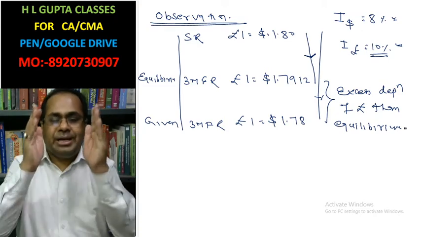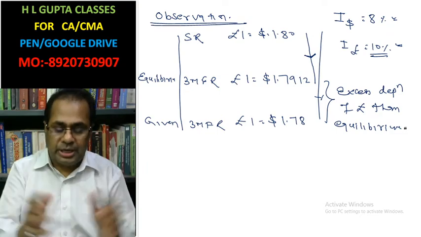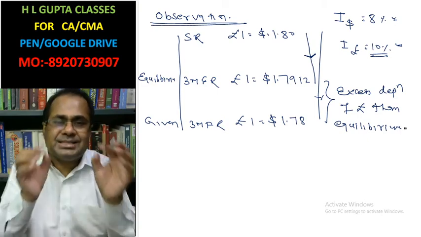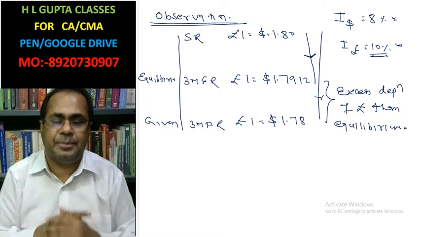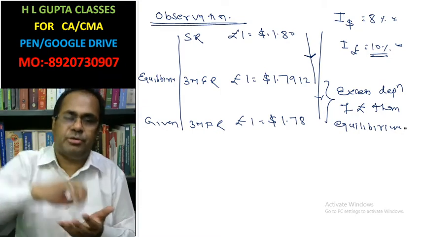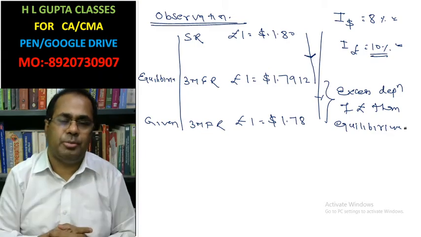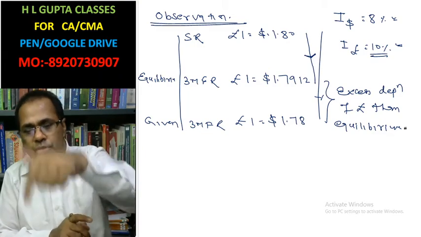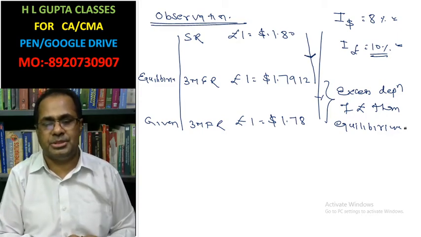Therefore, we cannot invest in the UK, the country whose currency has depreciated more than the equilibrium. The answer of part A can be given on the basis of this also.